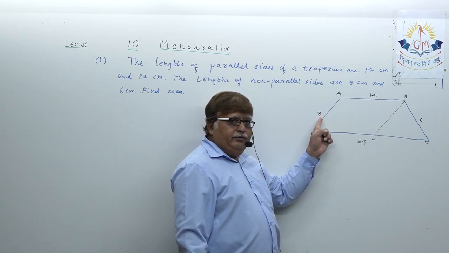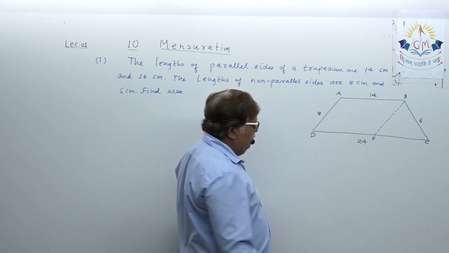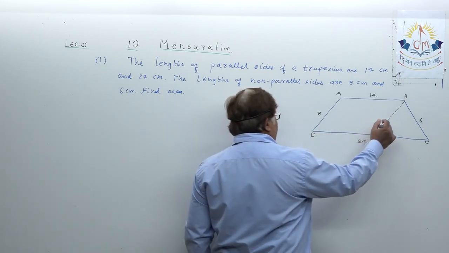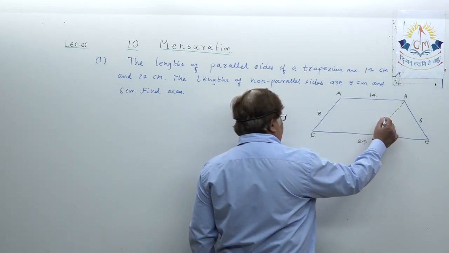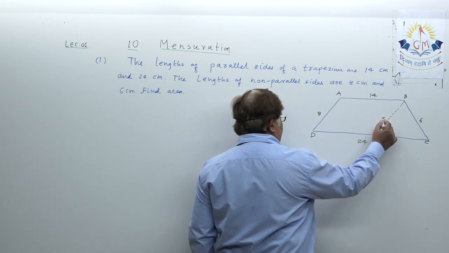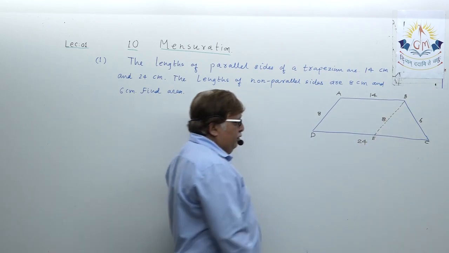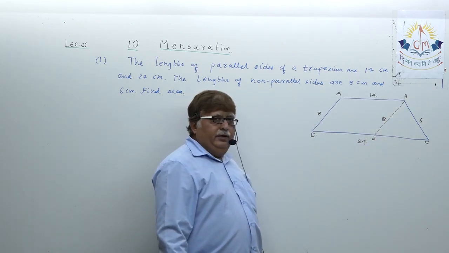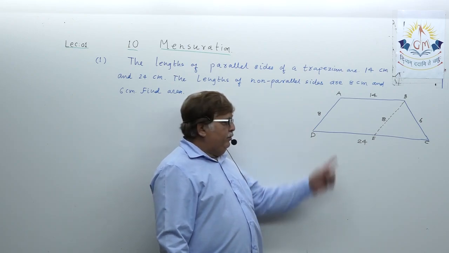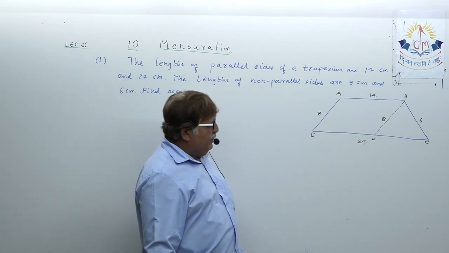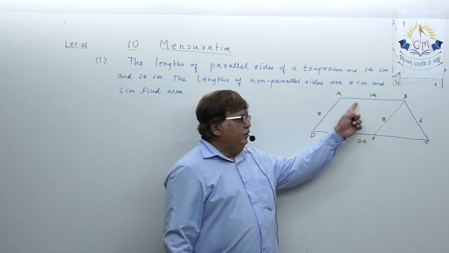AD is 8 centimeter, so BE will also be 8 centimeter. You may ask me a question, who has given the right to say this 8? Try to understand, dear student.